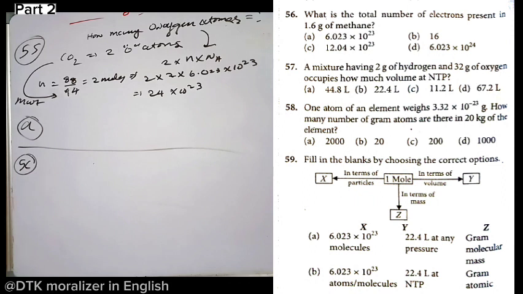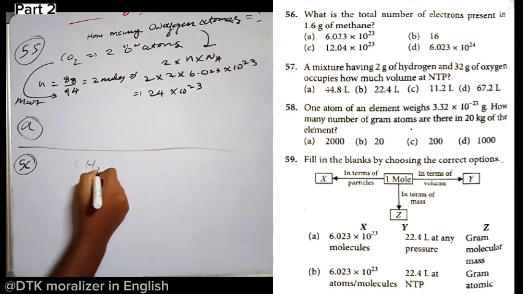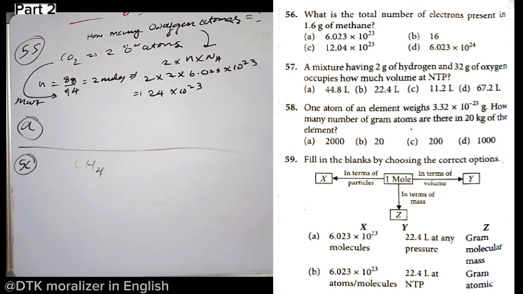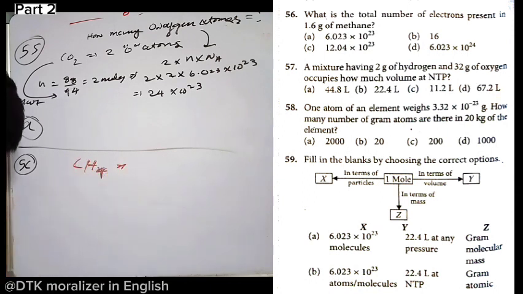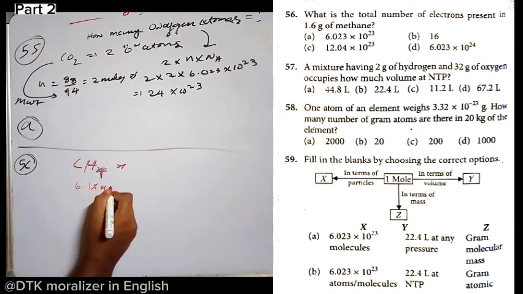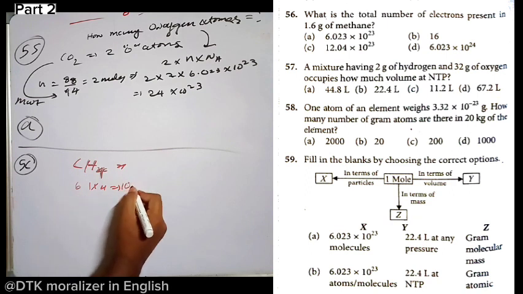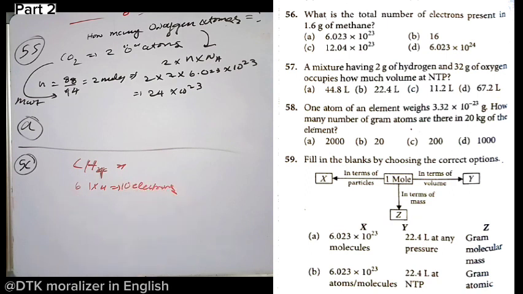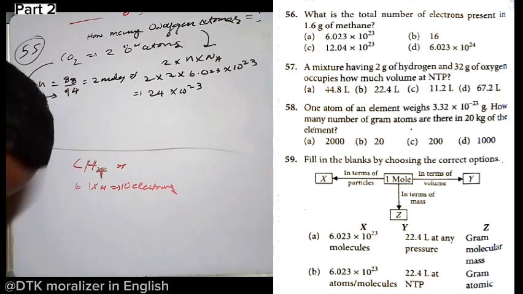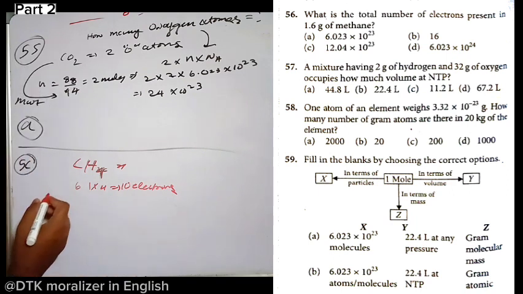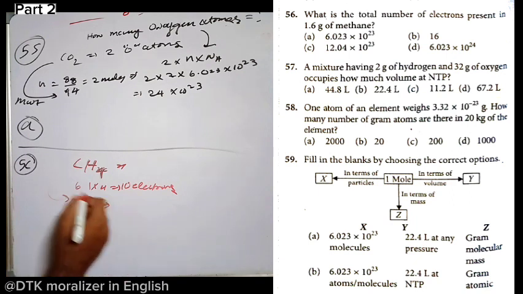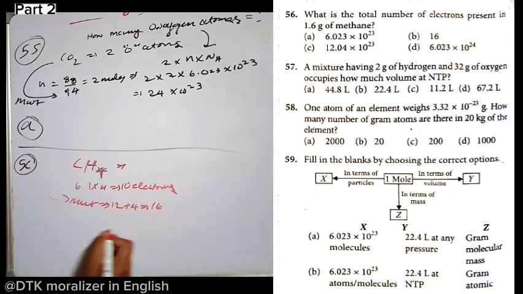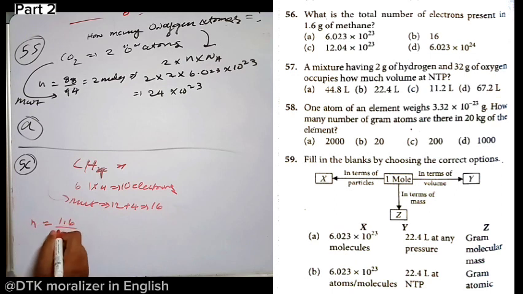Now question number 56. What is the total number of electrons present in 1.6 grams of methane? Methane is CH4. Here 10 electrons are present.